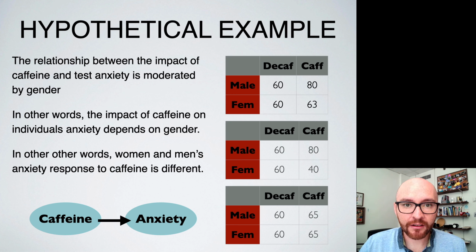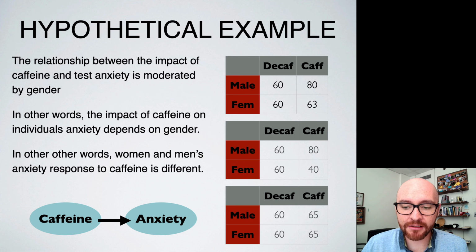They differ from the participants who drink normal coffee, the male participants. There's a difference for the male participants. But for the female participants, it looks like there is no difference. The decaf and caffeine participants, in terms of their anxiety, the female participants are pretty similar, 60 and 63. So these are hypothetical data.